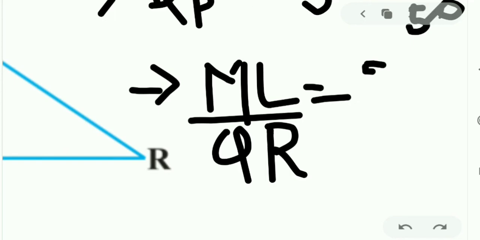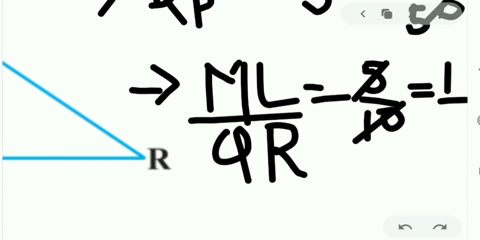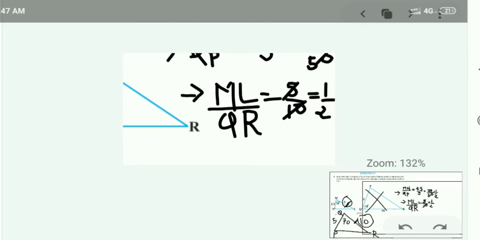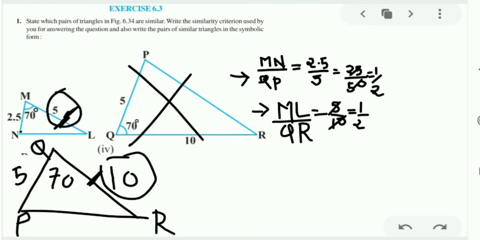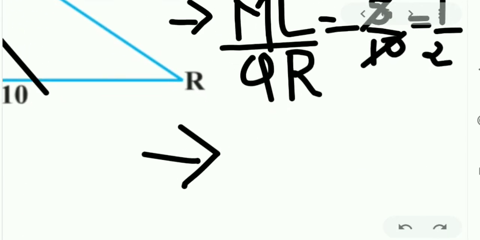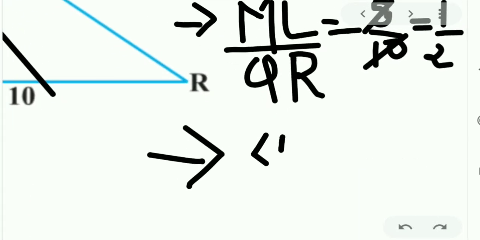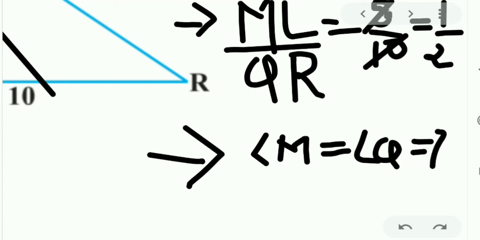So let us write 5 by 10, and if we reduce it, it will become 1 by 2. So here two sides and their ratio is the same. But in that adjacent side, one angle was there. So here we can write another thing: angle M is equal to angle Q, and that is 70.